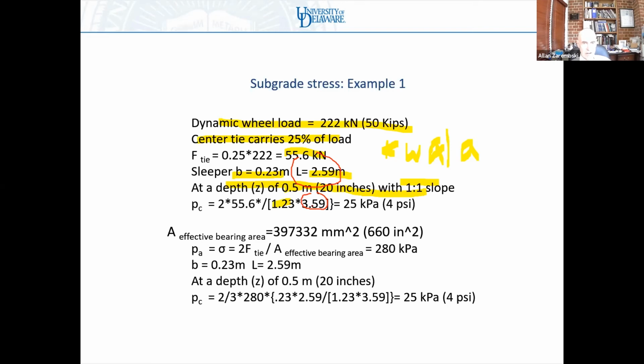It's 3.59 meters long, 1.23 meters wide, and I can calculate my pressure, therefore, as 2F divided by the area at that point, which comes out to be about 25 kilopascals.